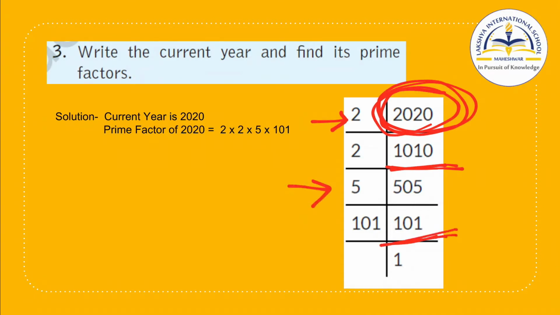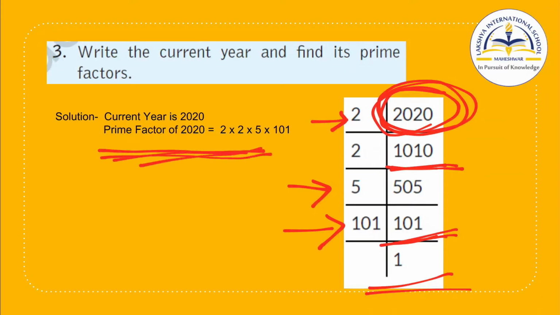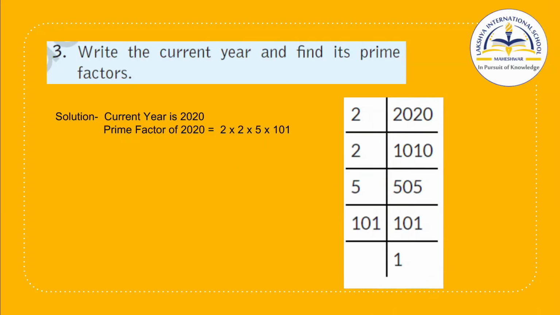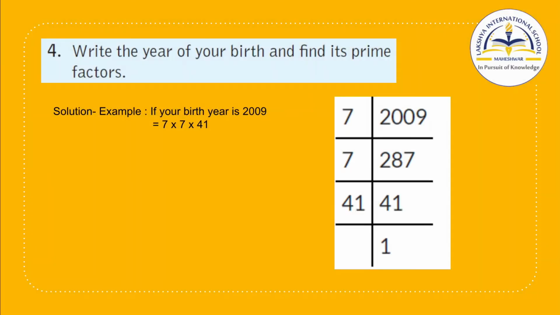And 101 is not divisible by any number except 1 and 101, so we take 101, and at last we got 1. So the prime factorization of 2020 is 2 into 2 into 5 into 101. This is our answer.